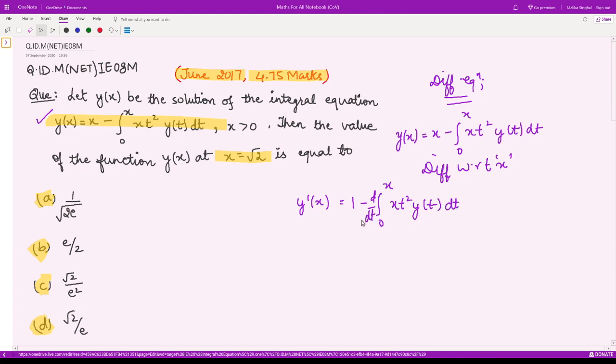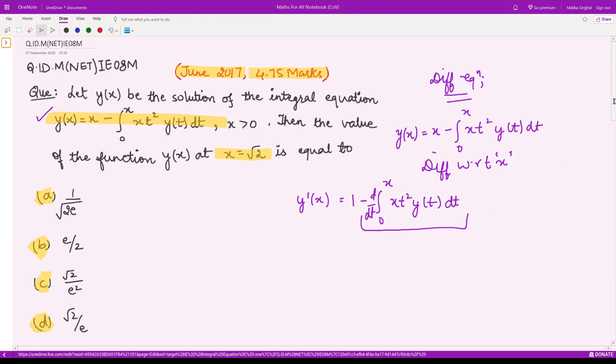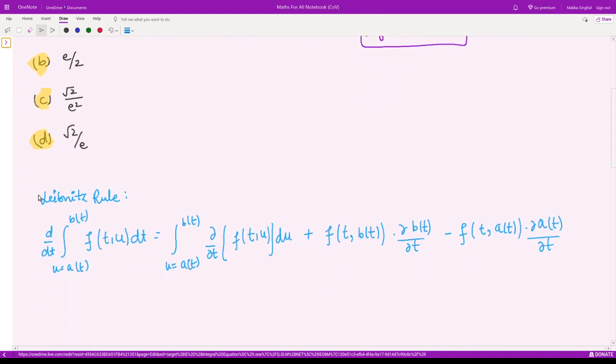Now how can we solve this? We have to apply the Leibniz rule for this term. What is that?